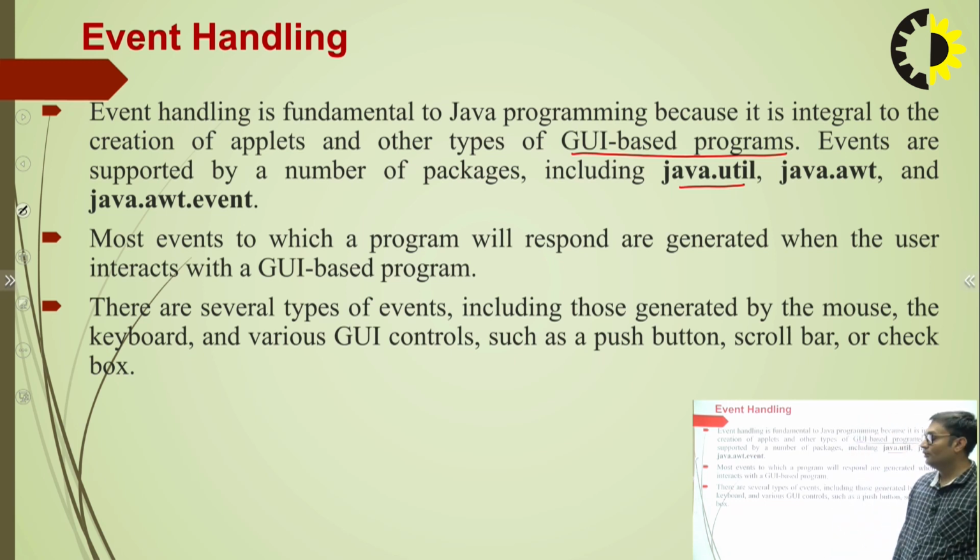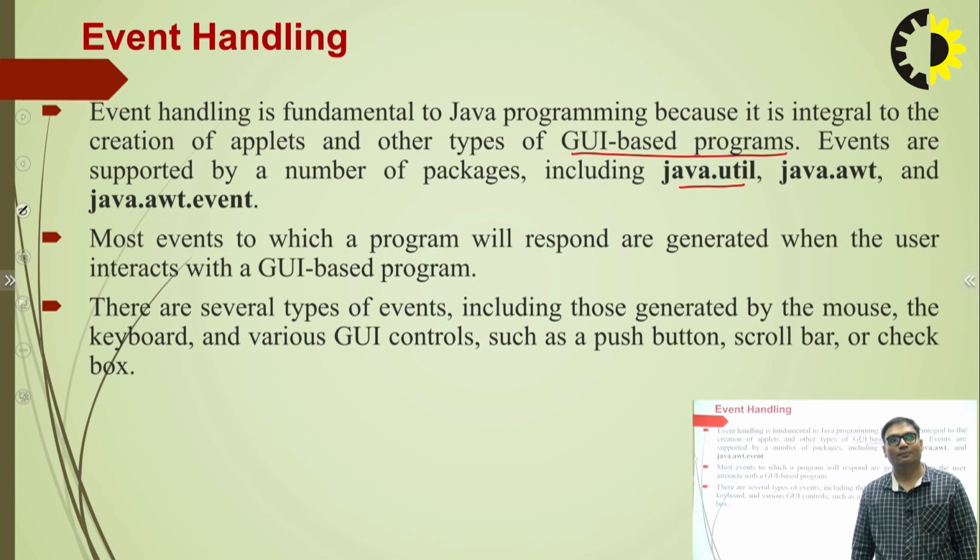Most events to which a program will respond are generated when the user interacts with the GUI based program. So when a user interacts with a GUI based application, at that time these events occur.